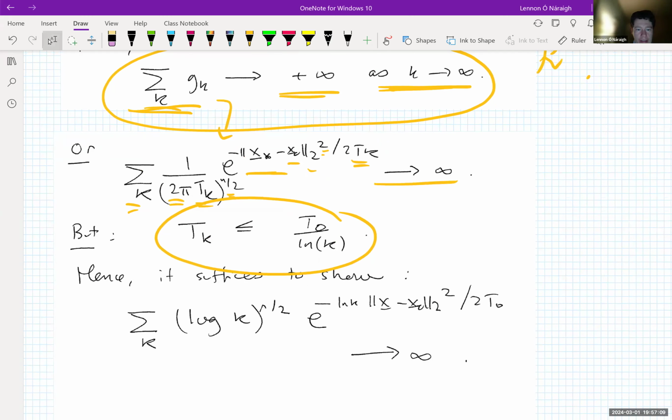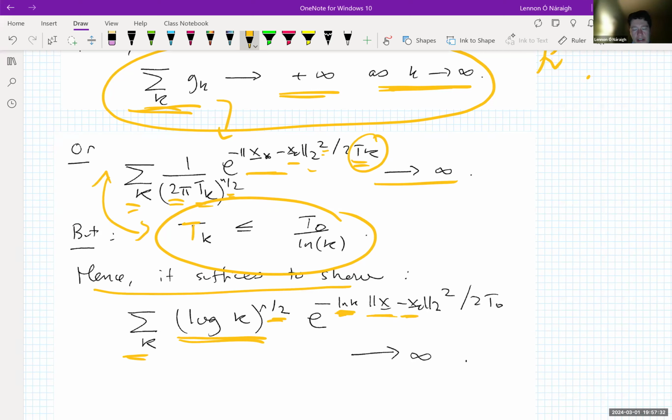So filling in for tk, it suffices to show the sum over k of (log k)^(n/2) times e to the minus ln k times ||x star minus x0||^2 over 2 t0, that this goes to infinity. If we can show this, we're done.